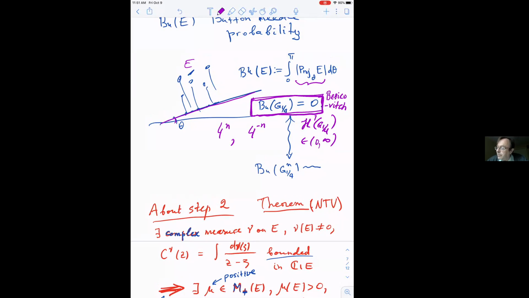So you compute the Buffon needle probability not of the Cantor set, but of its approximation, a neighborhood of the Cantor set. Obviously it will go to 0, so it's some epsilon n which goes to 0. It's a really tough and very interesting question, not resolved: how fast epsilon n goes to 0. From one paper of Tao, it follows that it goes to 0 with this speed.